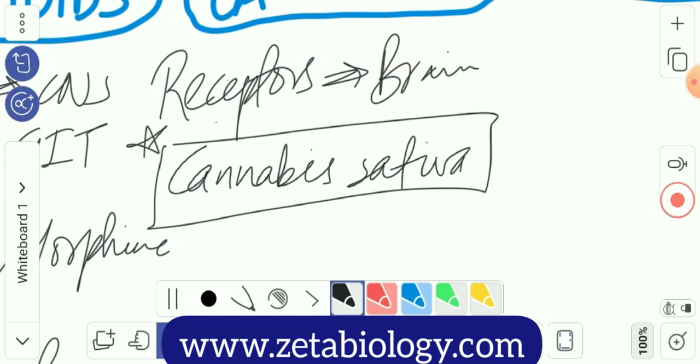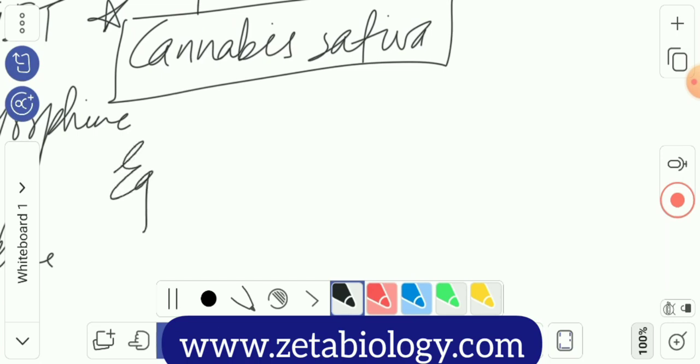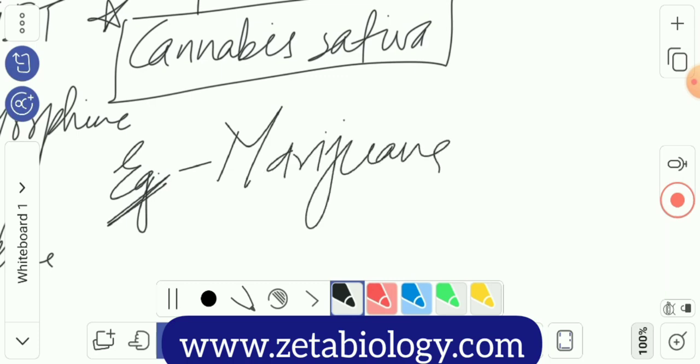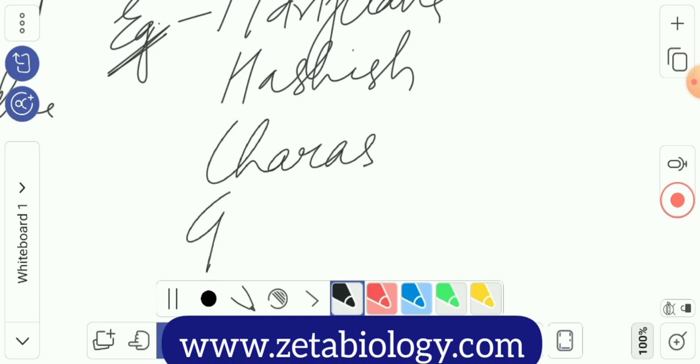This is important, you should remember this. And examples of the drugs are marijuana, hashish, charas, ganja.